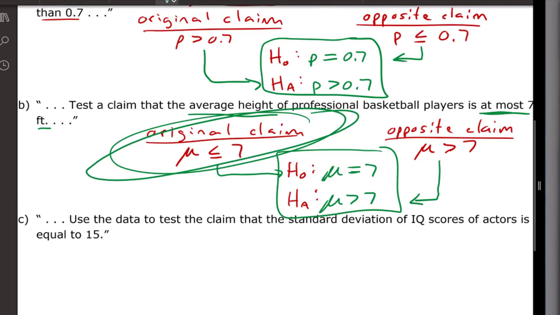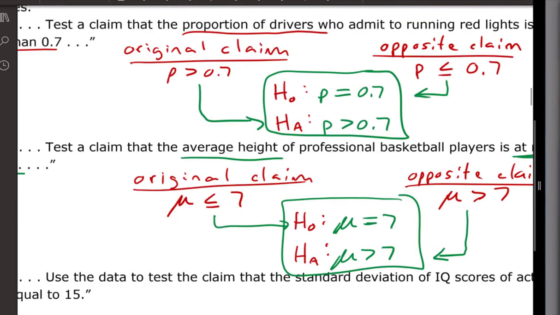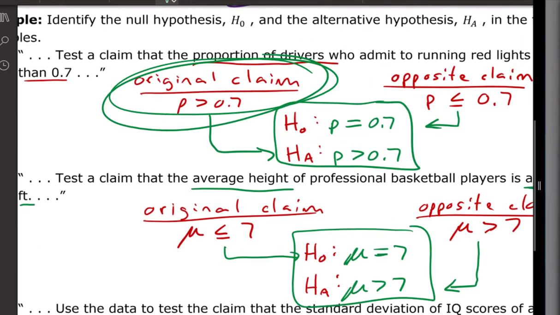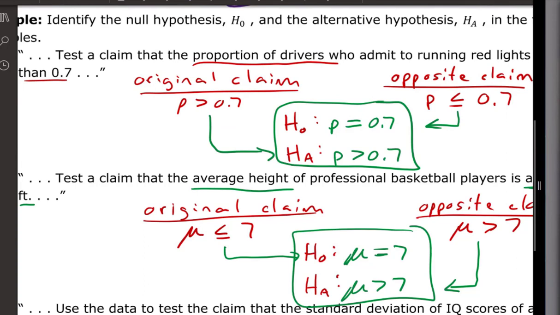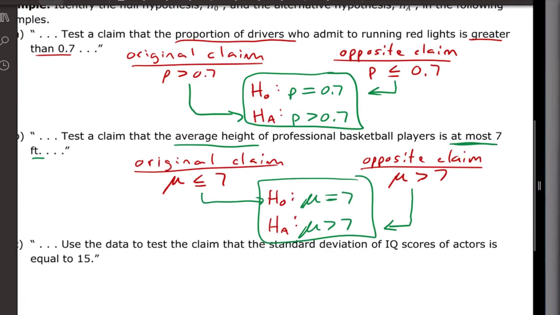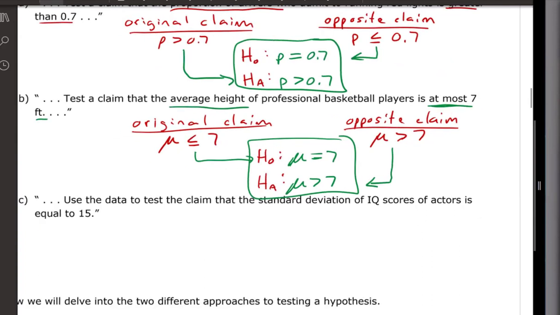However, there are times where the original claim is actually your alternative hypothesis, like in problem A. So you can't just read the problem and say, oh, the original's this, or the null hypothesis is this, the alternative is this. It's good to write out this opposite claim, original claim stuff at first, when you're getting used to it. Once you do a few problems, you can do it in your head, or you don't have to write as much. But for now, definitely.